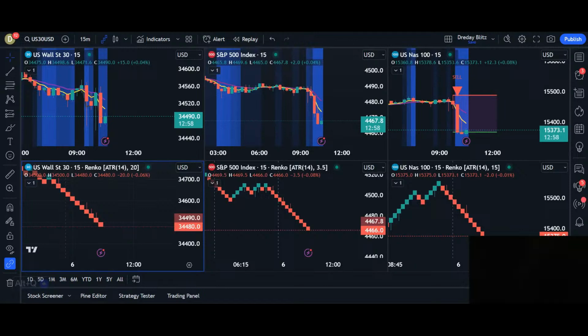And usually what I do is I start the session here, especially if I trade indices. I start at 9:30, and I should be out of the market around 11. So it's an hour and a half of session per day, and I'm done for the day.